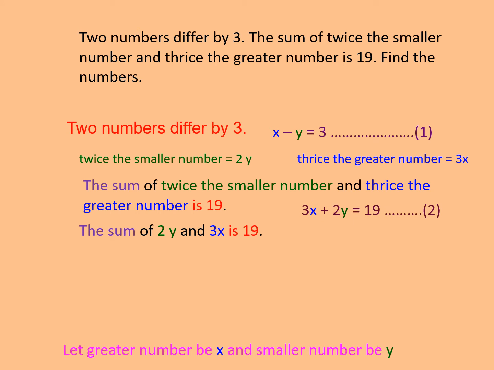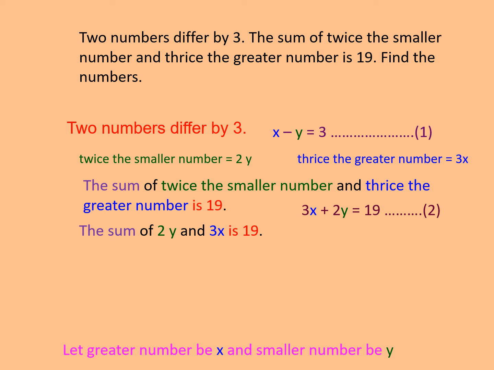I wrote x first and y second, and then I made the second equation. So I got equation 1 and equation 2. Equation 1 is x minus y equals 3. Equation 2 is 3x plus 2y equals 19.